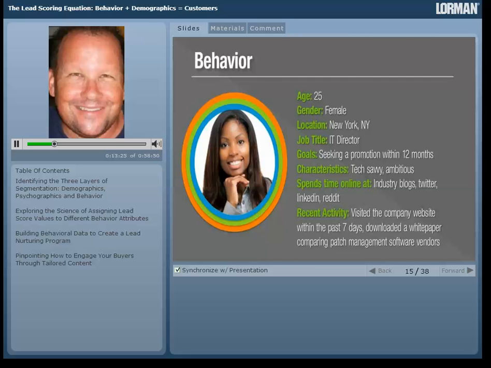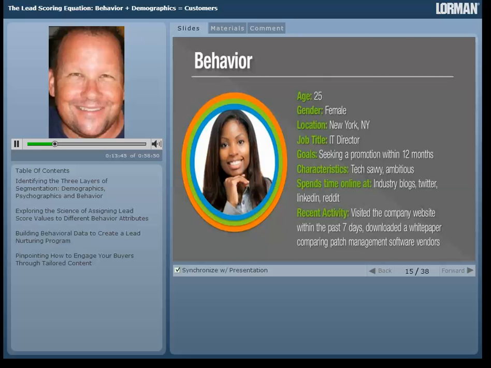And this is what it might look like on that same contact record. So now we're back to our user profile with that behavioral layer added in. And as you can see, it's becoming a pretty robust profile of this individual. We can see that this person visited the company website within the past week.